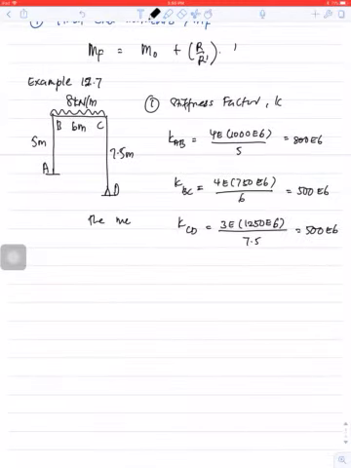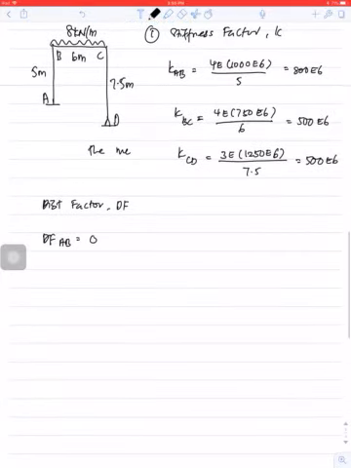And then we will calculate the distribution factor, DF. So DF for AB is equal to 0, since it is a fixed support.